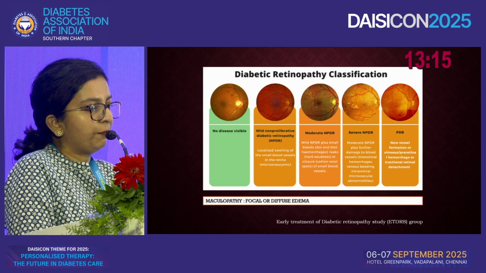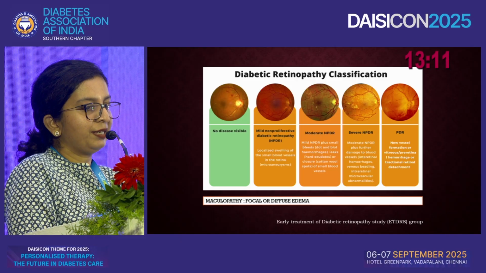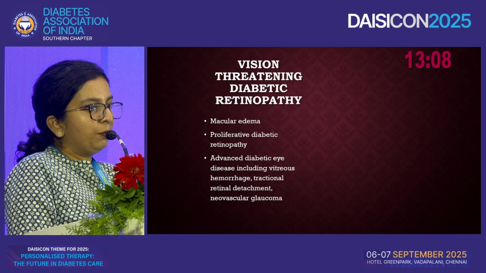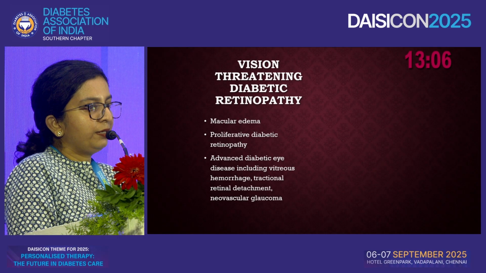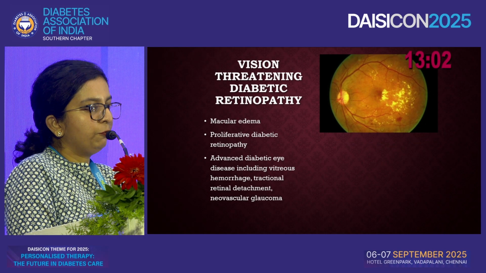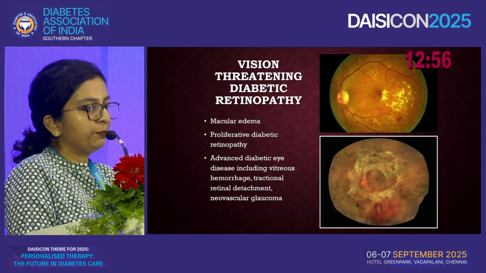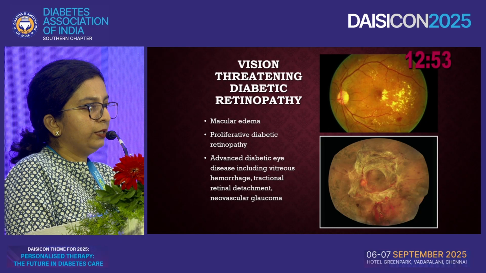Apart from that, we have maculopathy, which is further classified as focal or diffuse macular edema. What we would consider vision-threatening diabetic retinopathy includes someone with macular edema, with proliferative retinopathy, or advanced diabetic eye disease, which includes vitreous hemorrhage, tractional retinal detachment, or neovascular glaucoma.